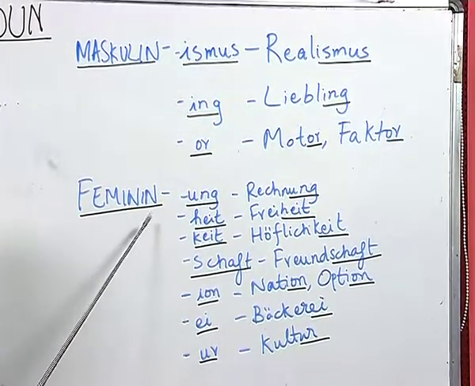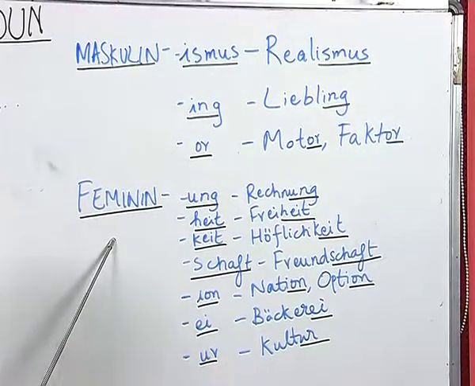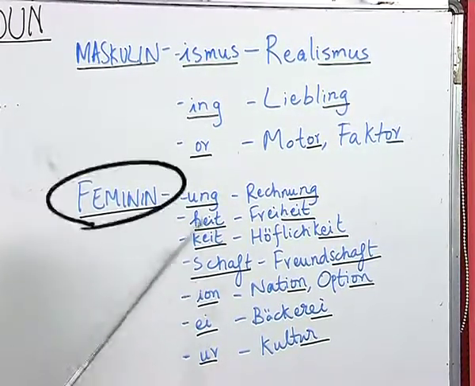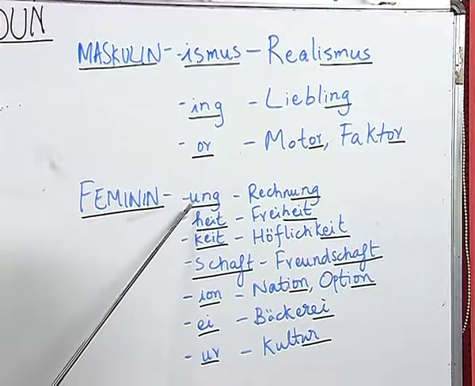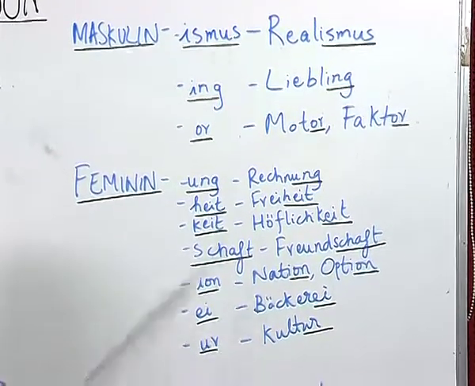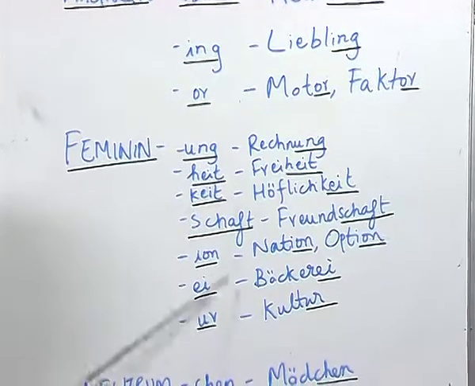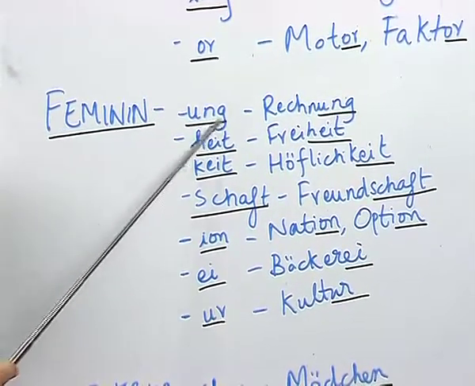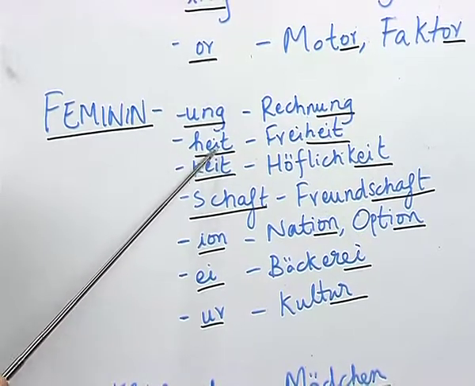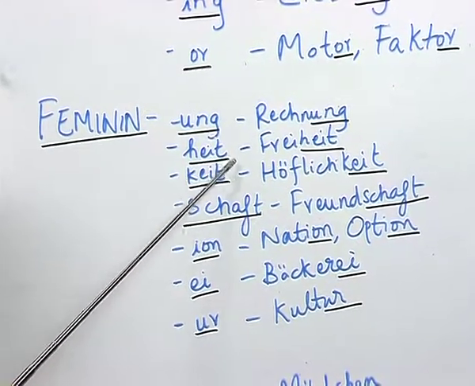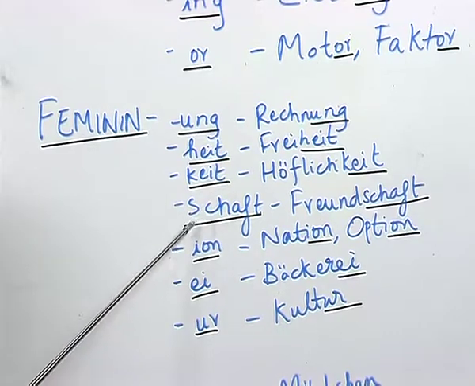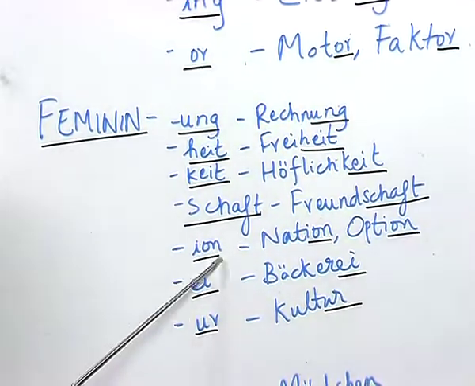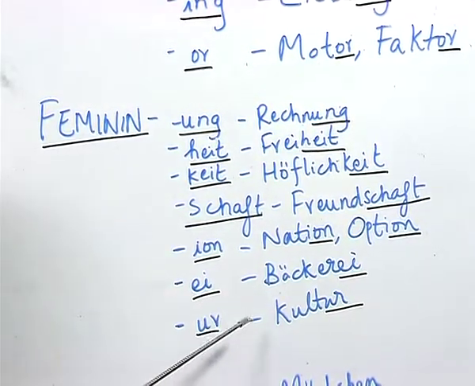Now, moving towards the category of feminine nouns. Here, as you can see, there are quite a few endings. For example, nouns ending with -ung, -heit, -keit, -schaft, -ion, -ei, -ur.